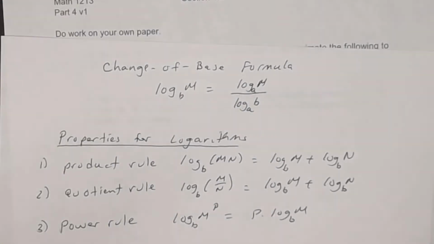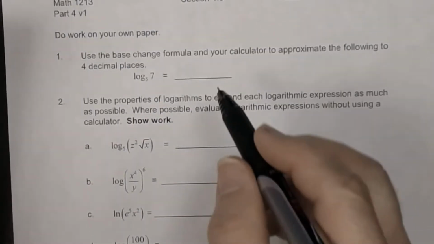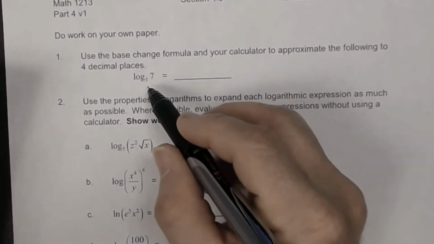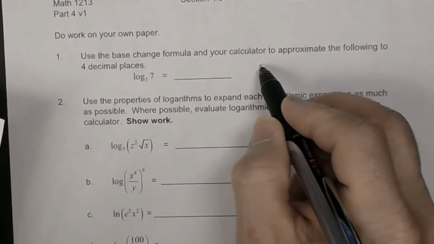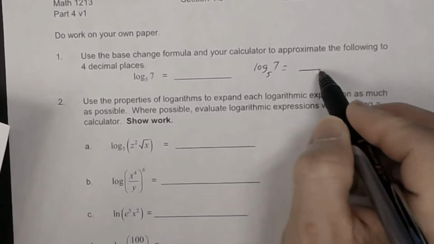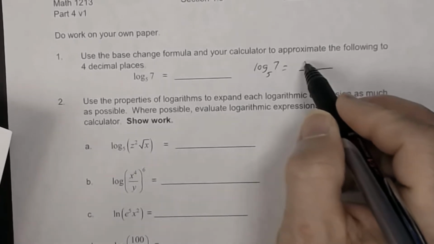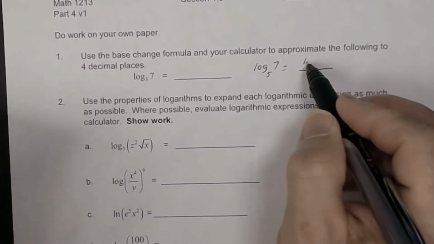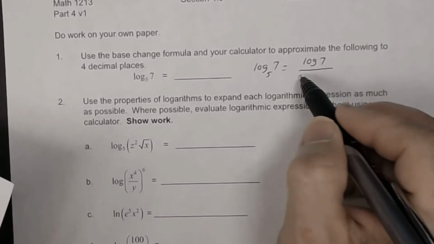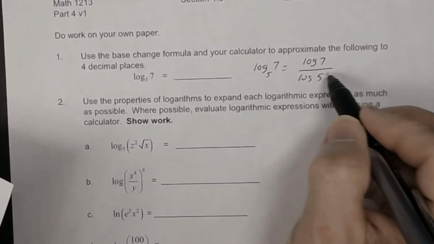So in number 1, basically what you're going to do is this. I want to use a calculator, and this is base 5, so I'm going to change log of 7 base 5 to a new base, let's say the common logarithm. That's going to be the log of 7 divided by the log of the base, which is 5.